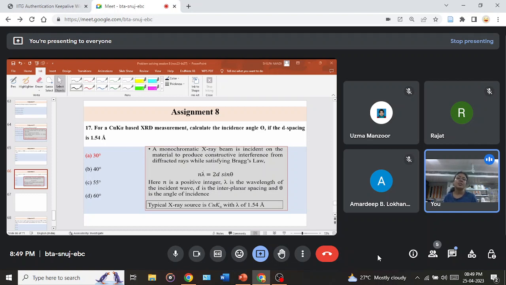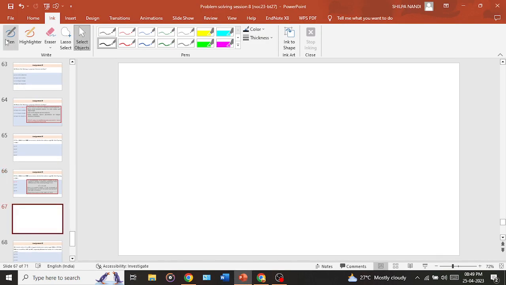A typical X-ray source, as I said, in the case of Cu K alpha, has lambda with the value of 1.54 angstrom. So let us solve this. Bragg's law: n lambda is equal to 2d sine theta.